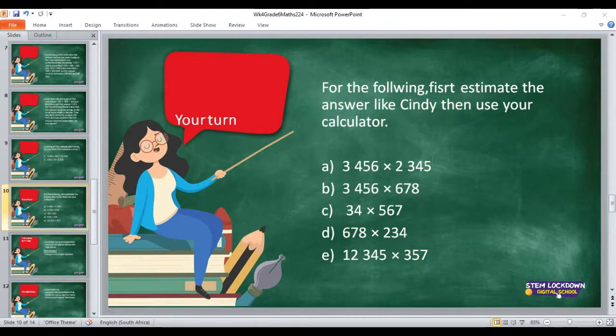Okay, and then let's quickly look at C and D. Write the estimated answer there. We have 34 multiplied by 567 for C, and for D we have 678 multiplied by 234.